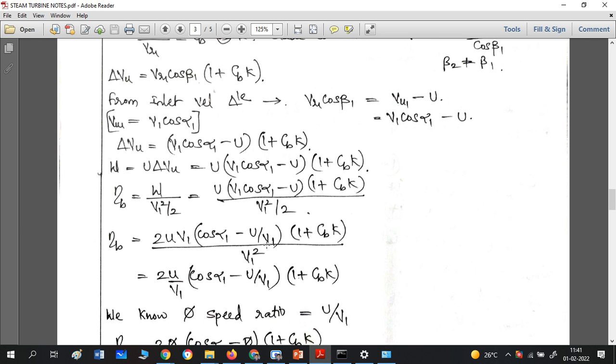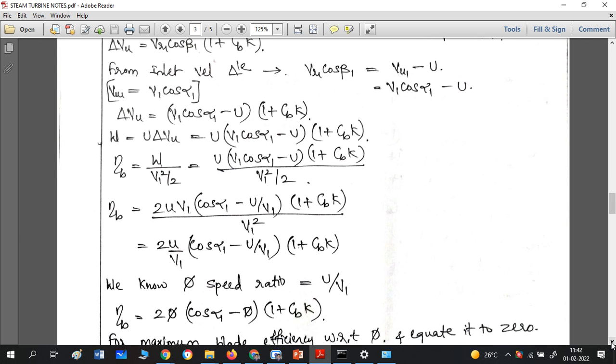All of you know that is nothing but the speed ratio, blade speed by steam speed or fluid speed, into 1 plus CBK divided by V1 square, left as it is. Now from this we need to find out for what maximum value of either U by V1 or phi, or alpha 1, or CB, or K the blade efficiency is maximum.